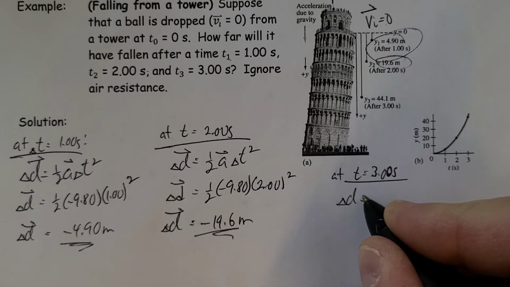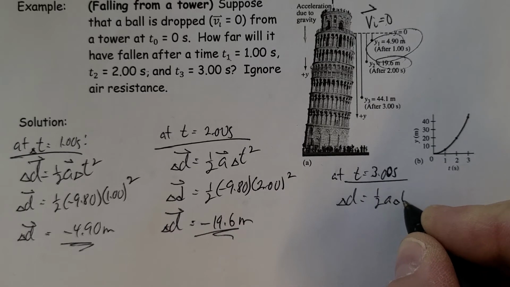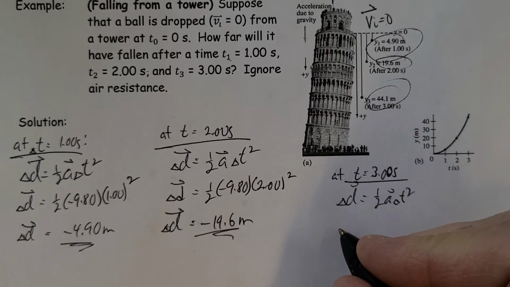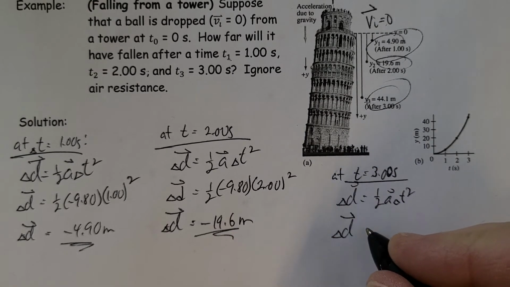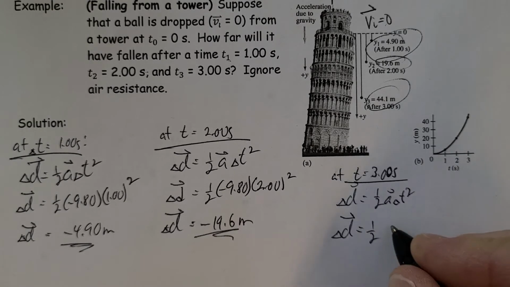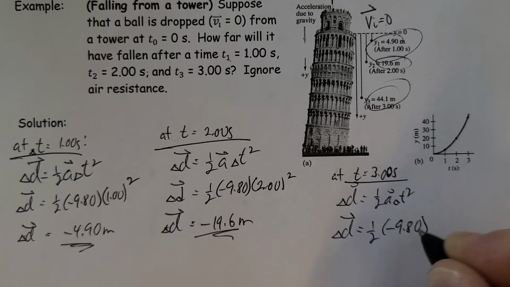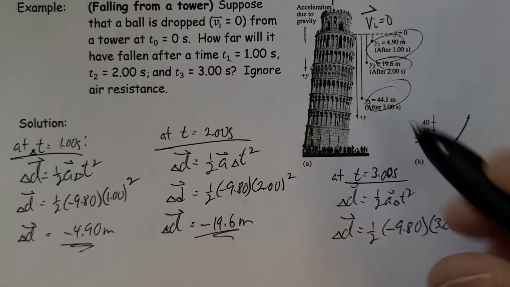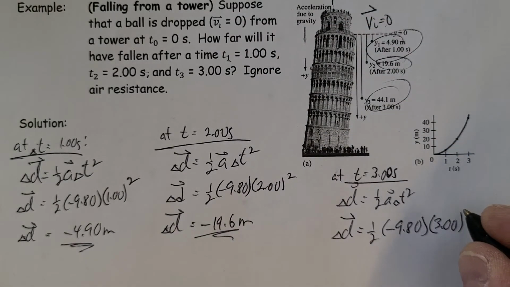And then lastly, delta D equals 1/2 A delta T squared, and you can see the answer we should get is over here. So 1/2 of negative 9.8 after the 3rd second. Again, we're looking from 0 to 3, so delta T is equal to 3.